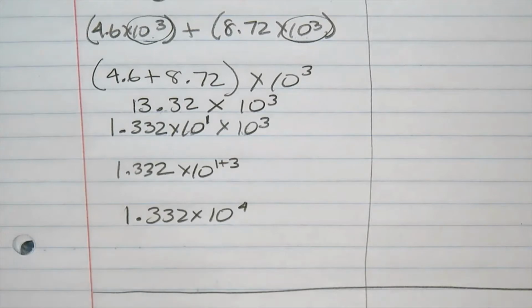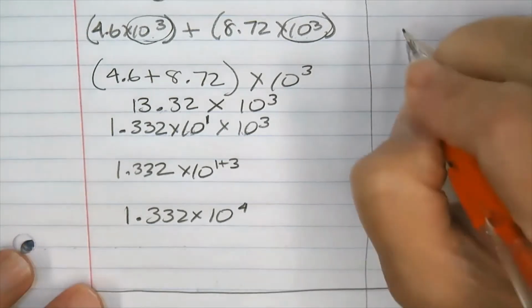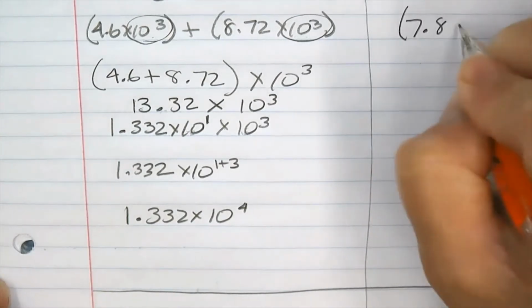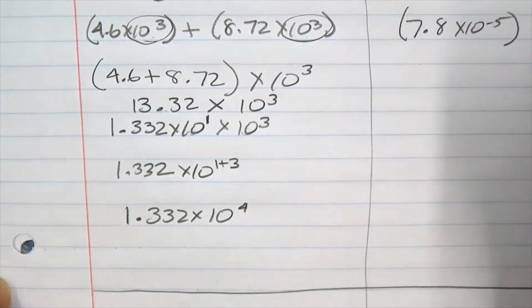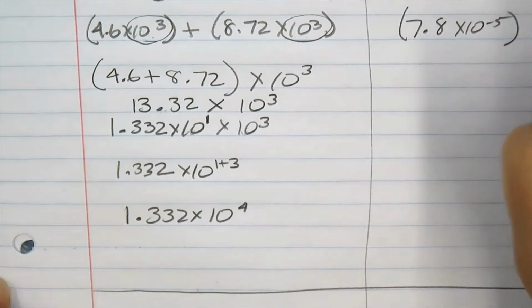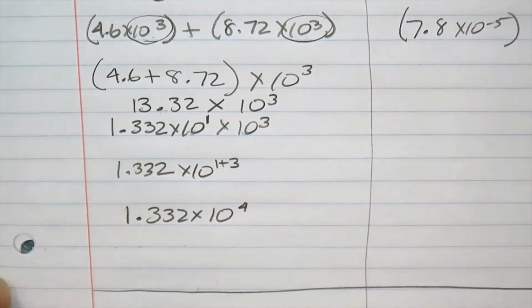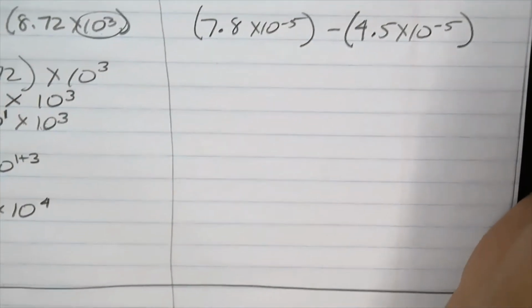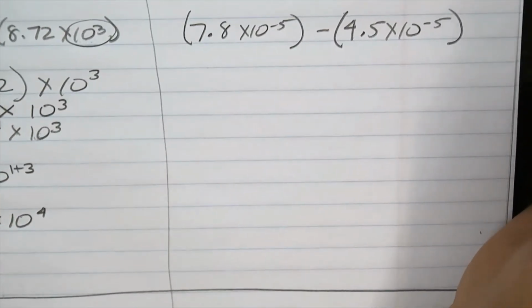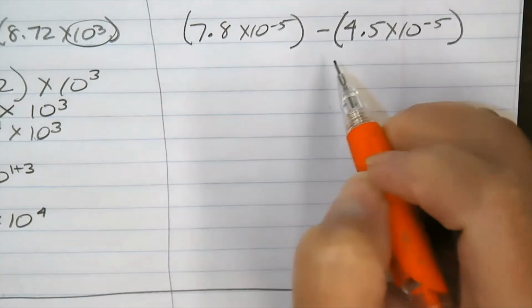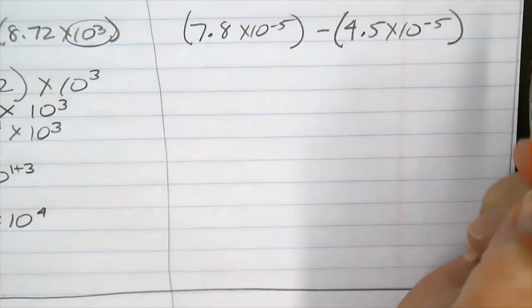So let's do another one. We've got 7 and 8/10 times 10 to the negative 5 minus 4 and 5/10 times 10 to the negative 5.